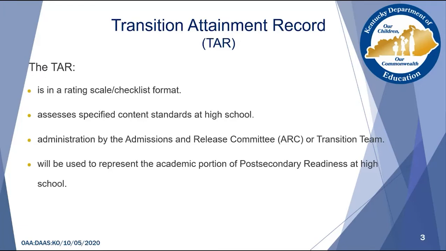If the student is unable to answer questions on the student interview, the team may provide the known answers. The interview information is used for reporting purposes only and not for scoring or accountability. The student interview should provide valuable information for transition planning as the student moves forward. The TAR will be used to represent the academic portion of post-secondary readiness for alternate assessment students at high school.